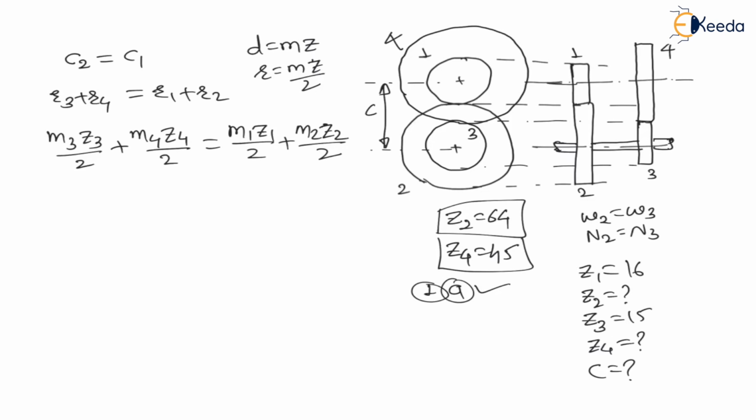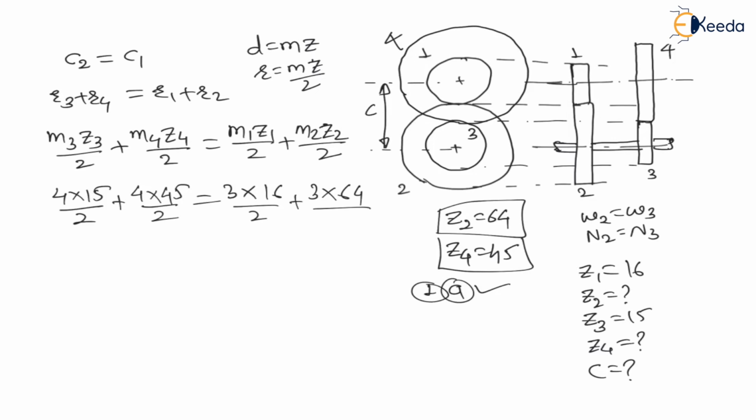Therefore, here 4 into Z3 we have calculated 15 divided by 2 plus M4 is also 4 into Z4 is 45 divided by 2 is equal to M1 is 3, Z1 is 16 divided by 2 plus M2 is also 3 because they are mating gears, and Z2 is calculated 64 divided by 2.